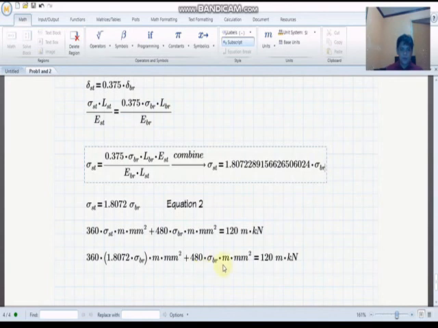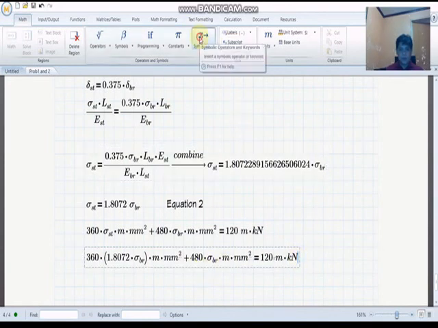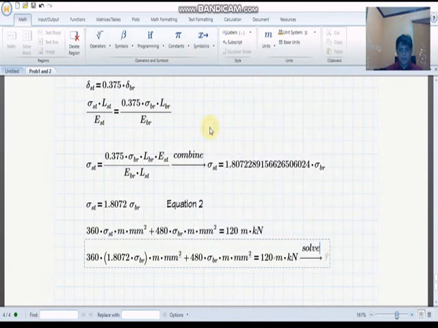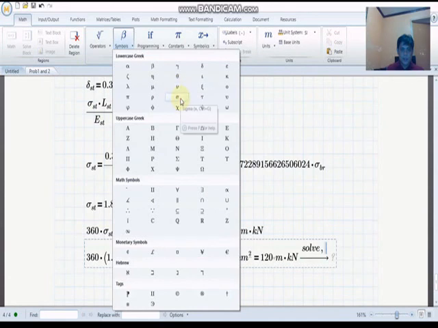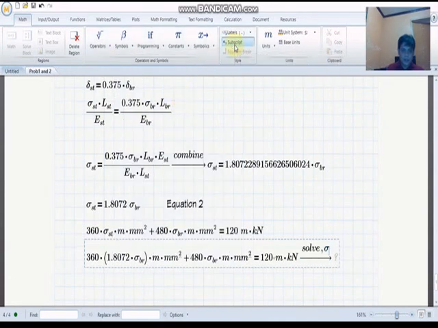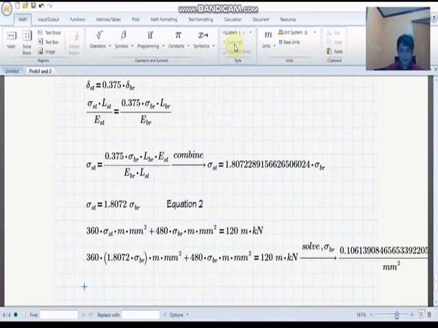So we only have one unknown, therefore we can solve for the stress in the bronze. So we have this value.